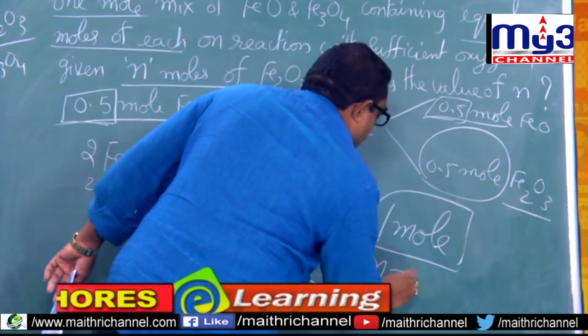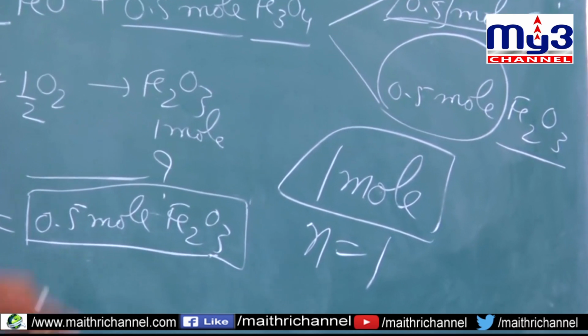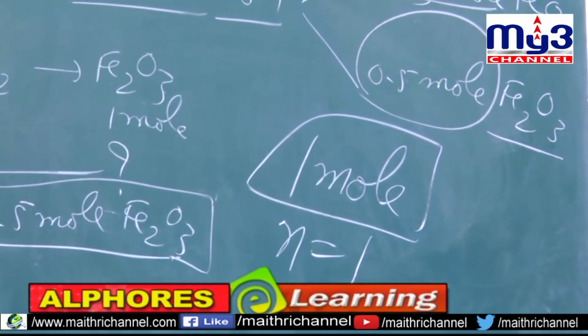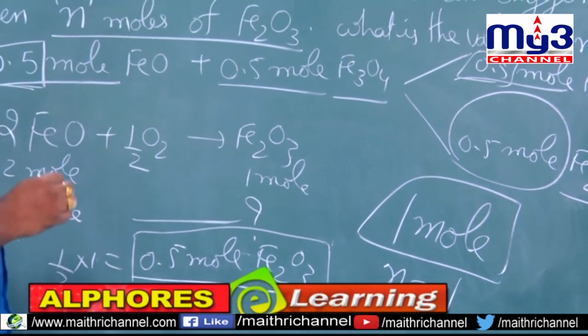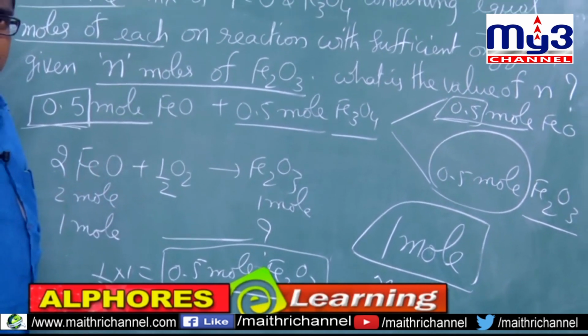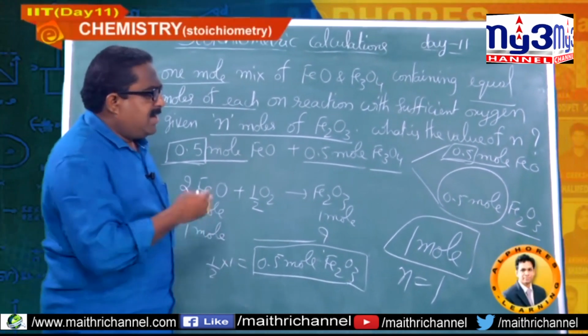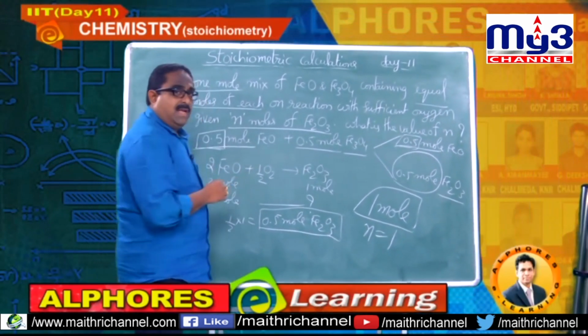So, n equals 1. That is the final answer, students. It can be set as an integer type question in the advanced paper. Very good question. Okay, I am going to conclude this session with this numerical. In the next session, we will go for some more numericals and different approaches, and please follow carefully. Thank you.